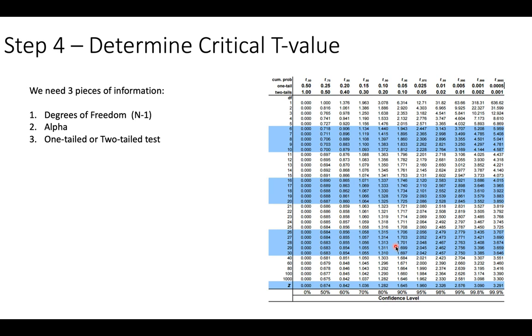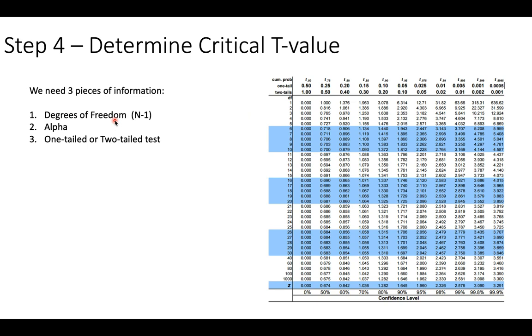This time we need to derive our critical value from a t-table because we're doing a t-test. T-tests are different from chi-squares, so our benchmarks are different. So this is what our t-table is going to look like. There's a lot of stuff going on here. Don't worry. We'll learn about it as we break it down and use it. So we need 3 pieces of information. We need what's known as degrees of freedom.